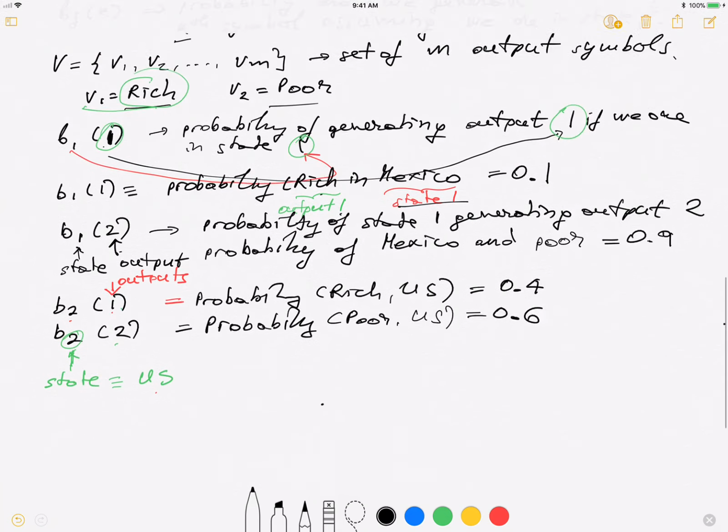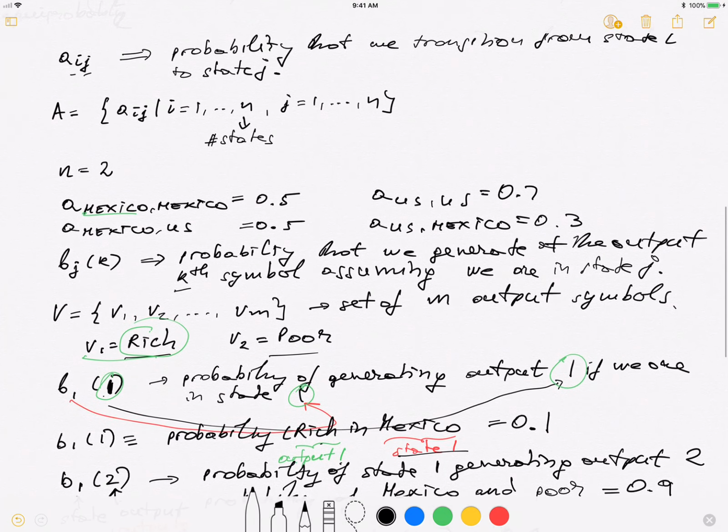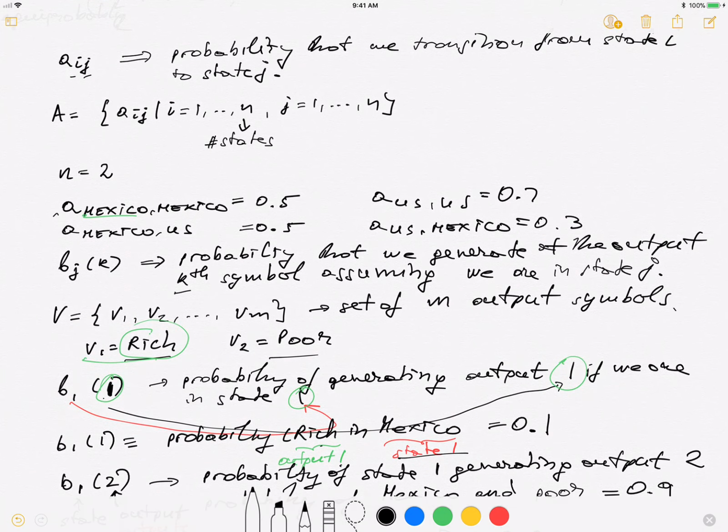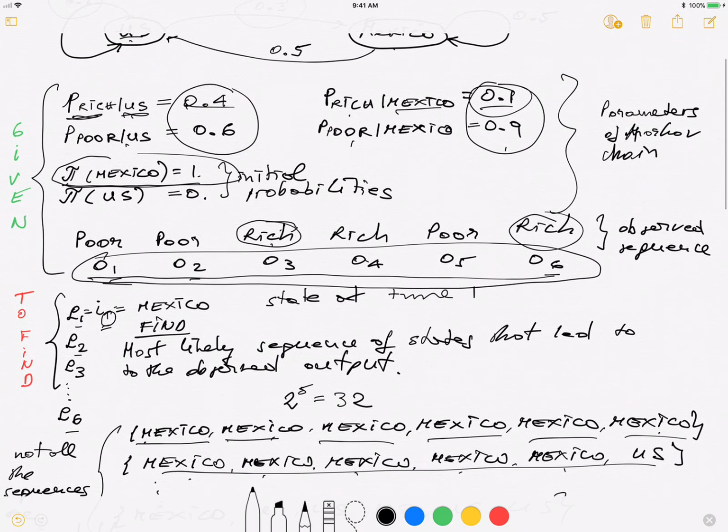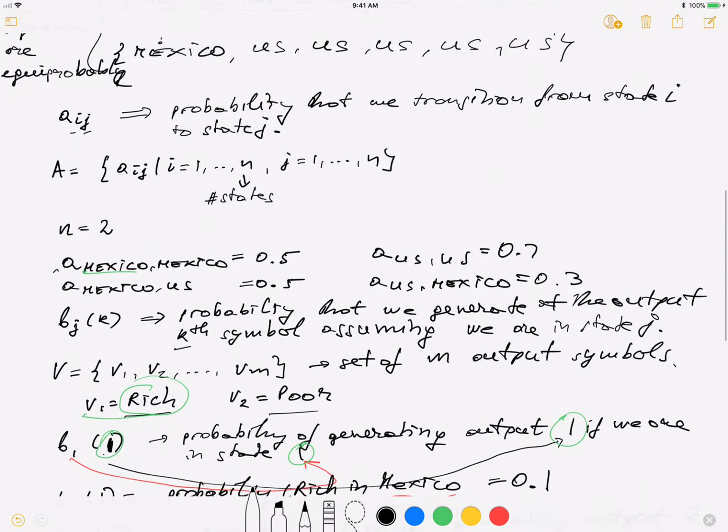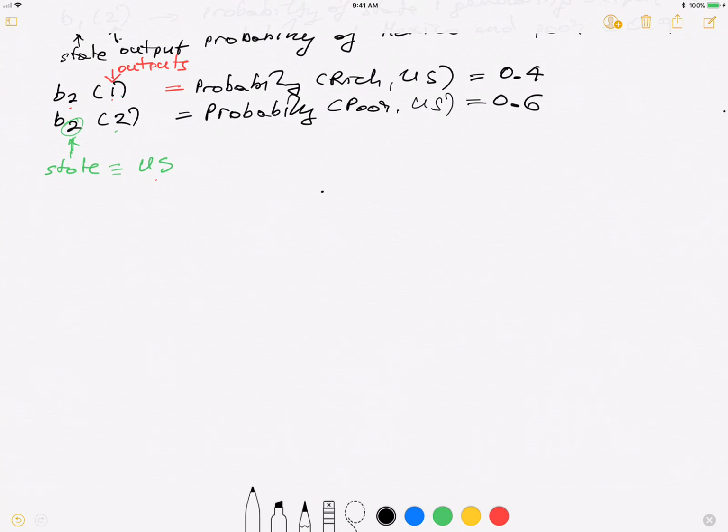B, we already defined a matrix, and we know the probabilities pi, so I can put all of this concisely. I can write pi of 1 is 1, pi of 2 is 0.